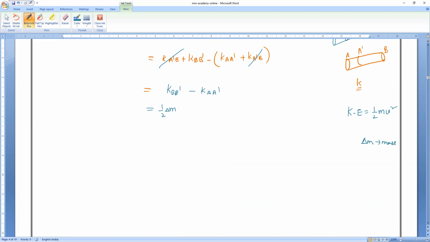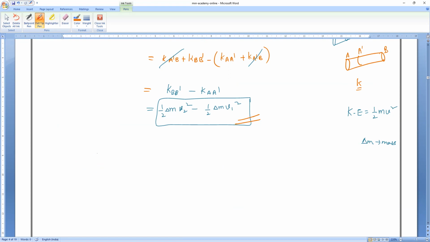So it is half into delta m into v2 squared minus half into delta m into v1 squared. This is the change in kinetic energy. So we got all the equations. Now substitute: work done by fluid pressure plus work done by gravity is equal to change in kinetic energy.